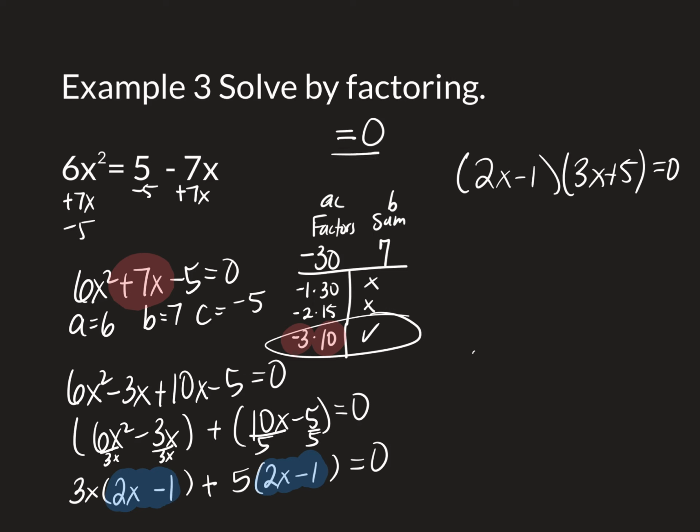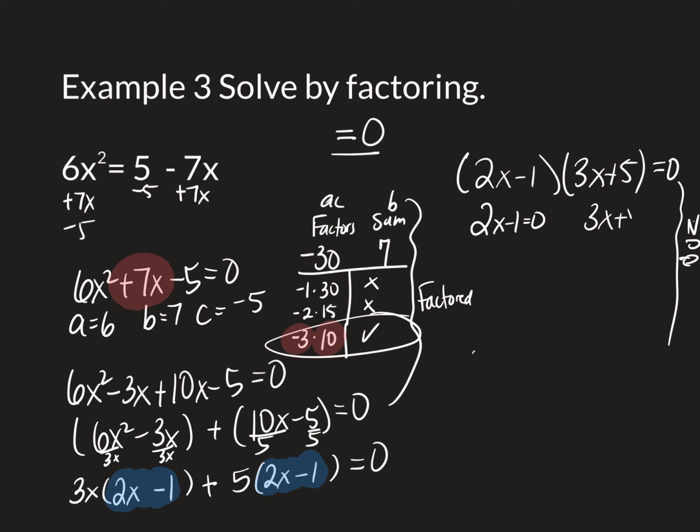So we made sure it equals 0, we factored, and now we're going to do the zero product property, where you set each factor equal to 0. 2x minus 1 equals 0. 3x plus 5 equals 0. Add 1. 2x equals 1.